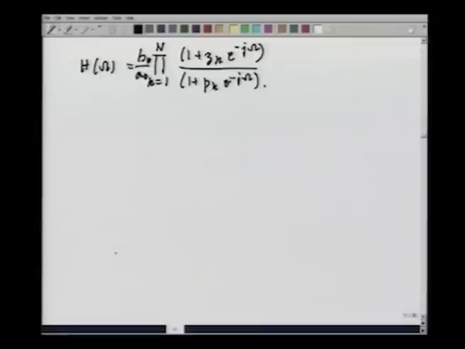But having these in the form of first order factors is not particularly convenient, because some of the z_k's and p_k's, as we said, might be complex, and we do not know how to implement complex coefficients in a real world system.